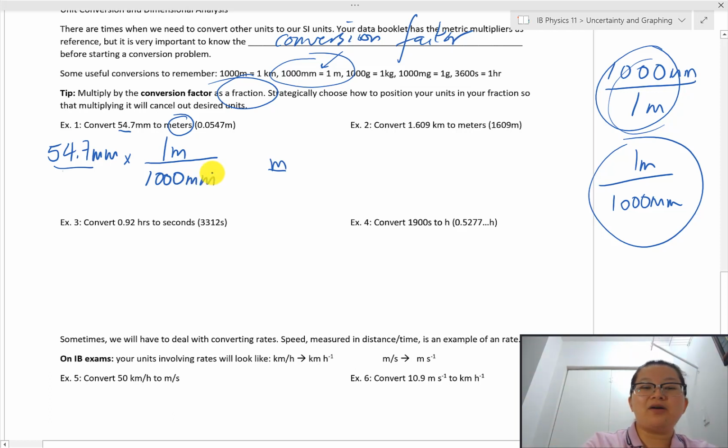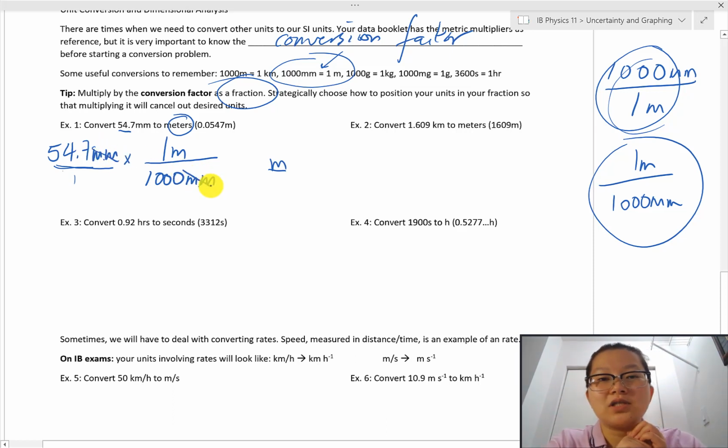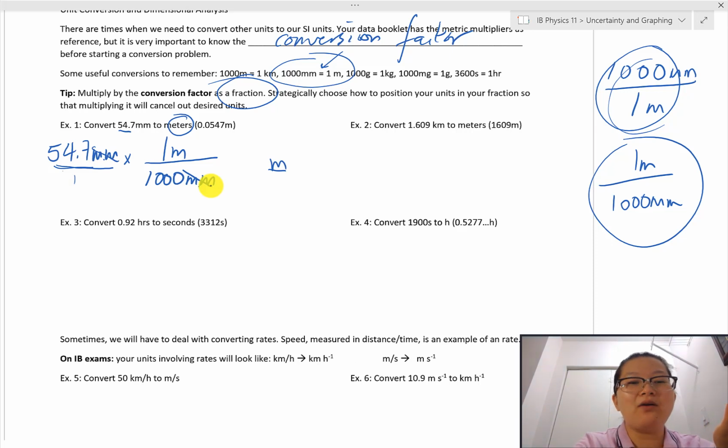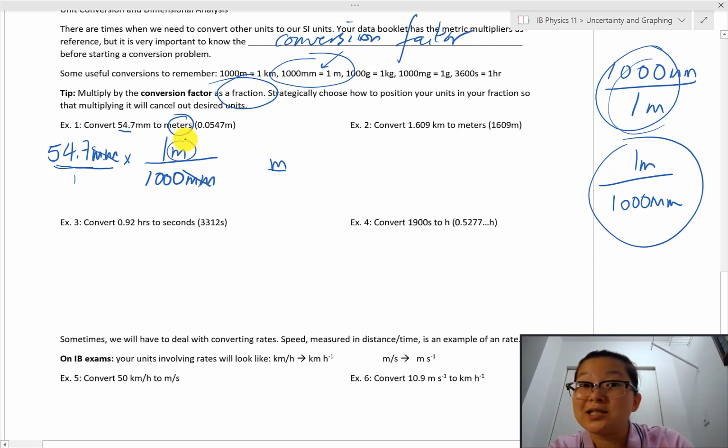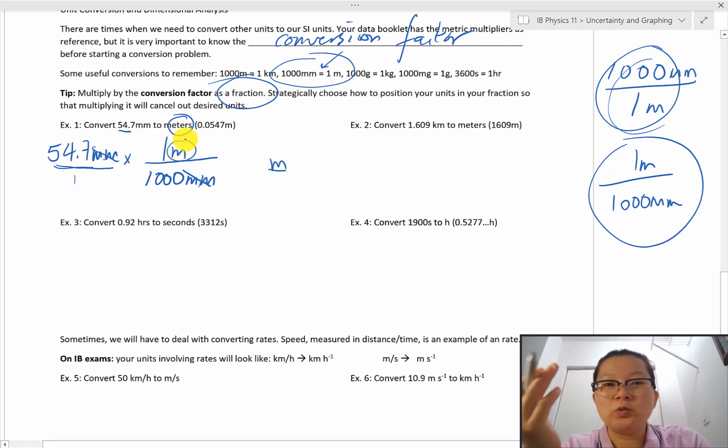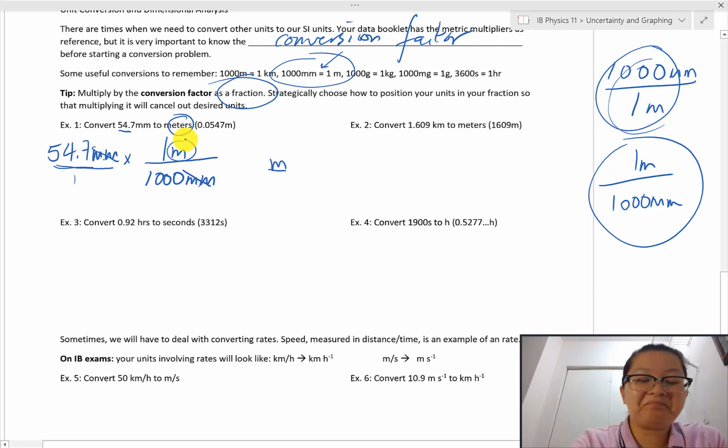Because I have millimeters in my first number, which is essentially that divided by 1, millimeters is on top and millimeters is on the bottom. If I multiply the two, these two cancel out. So I get rid of the units I don't want, and I'm left with the units that I do want. Now we do the math.